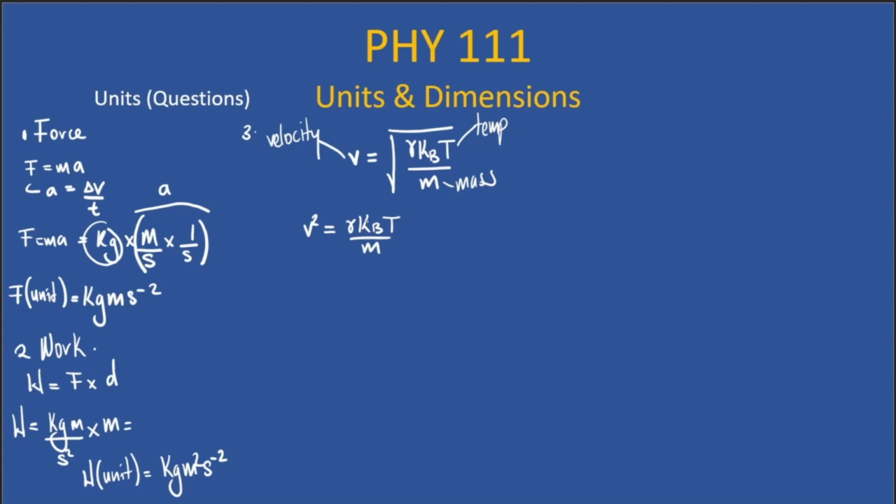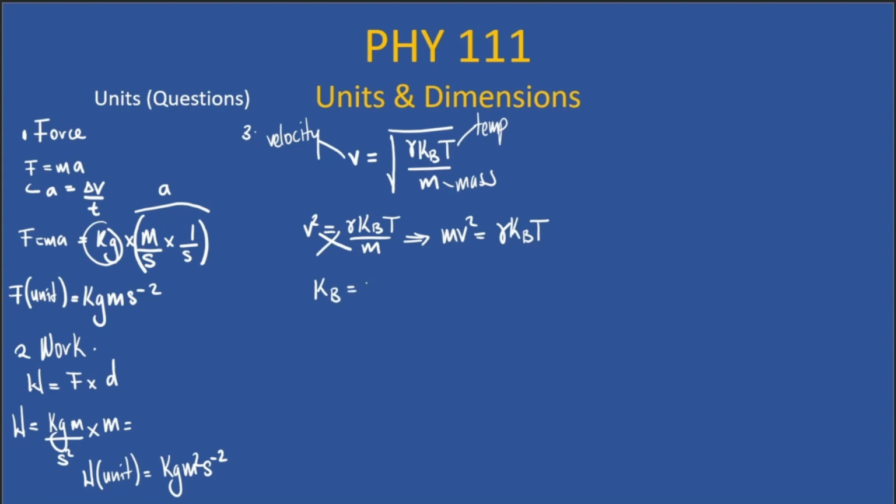Now we're trying to make Kb the subject of formula, so you can cross multiply to get rid of the denominator. So you end up with mv squared is equal to gamma Kb times temperature. Divide both sides by gamma T to end up with Kb on one side of the formula.